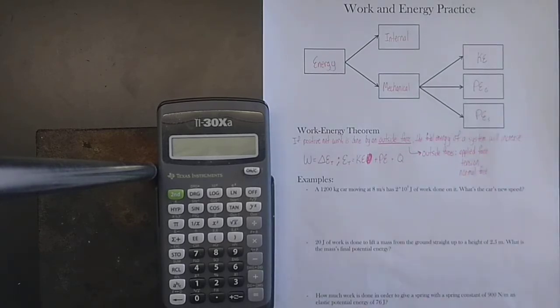If positive work is done by any of these three types of forces, the total energy of a system will increase. ET will increase. We're not just saying one increases and the other decreases, we're saying the total energy will increase. Also, if negative work is done by one of these forces, the total energy of a system decreases.